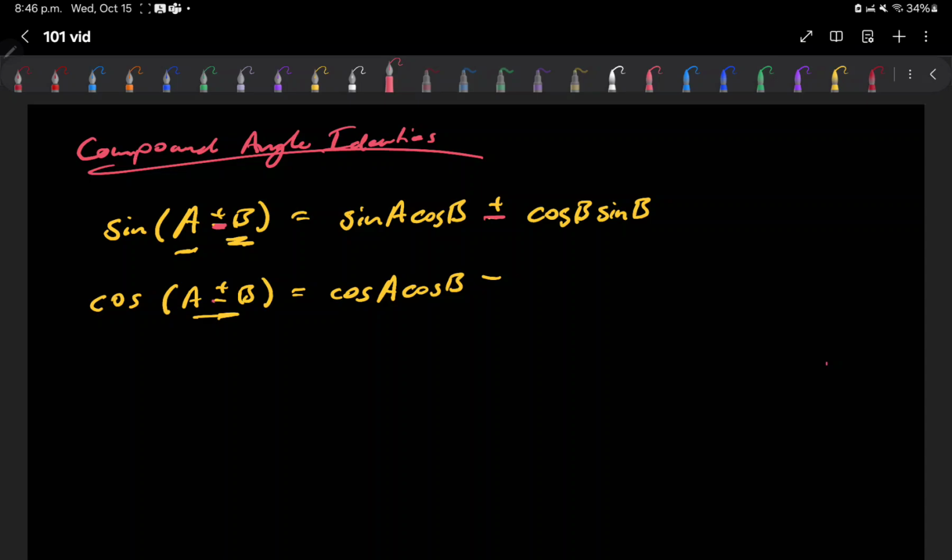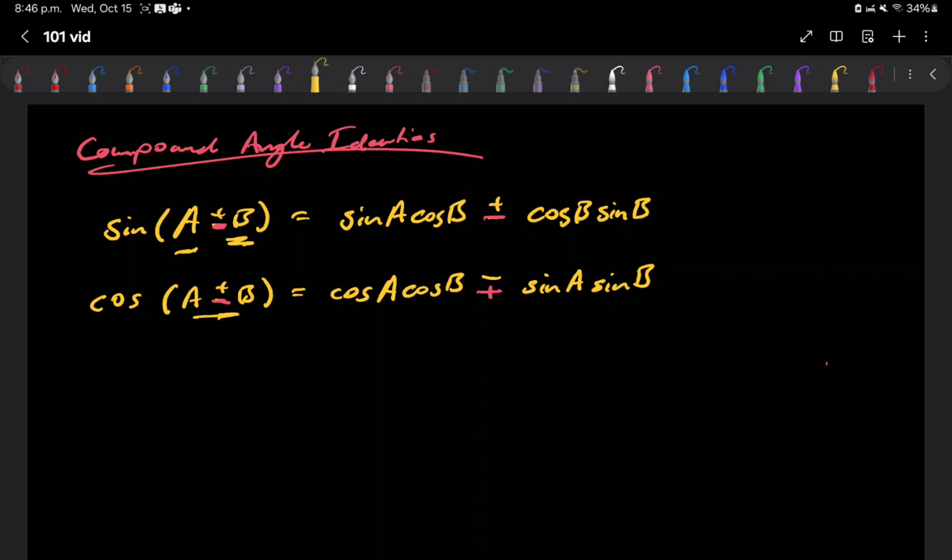And if we started with a minus, the second sign will be a plus. All right? And then after that we have sine of the first, sine of the second. Sorry, I mixed them up because I usually do it the other order.